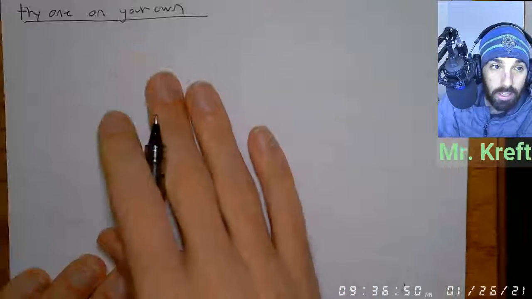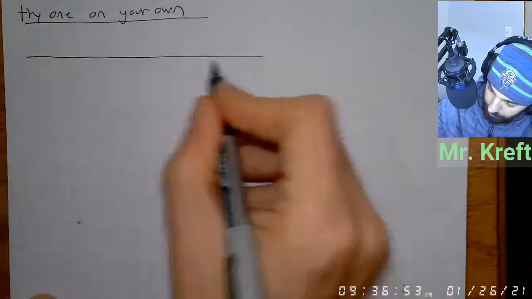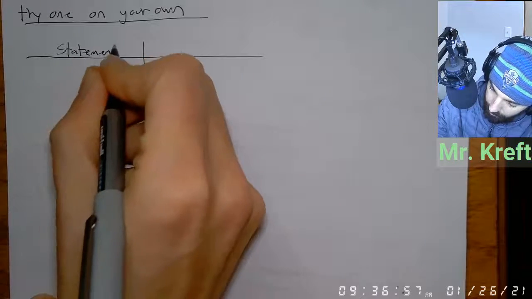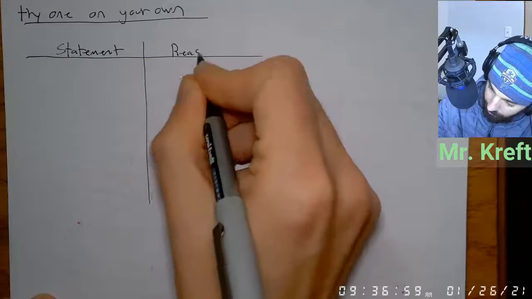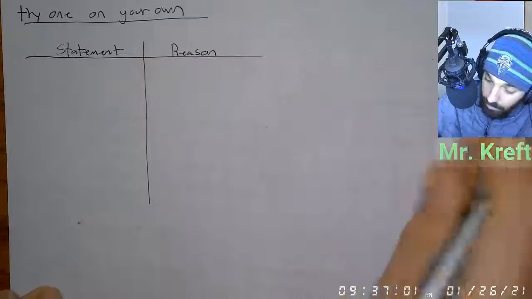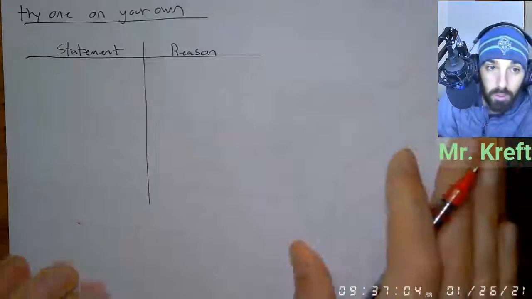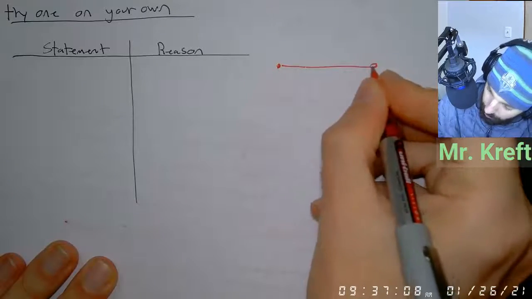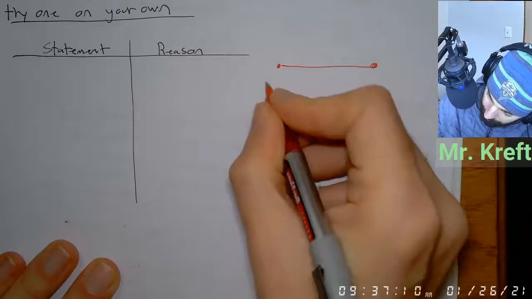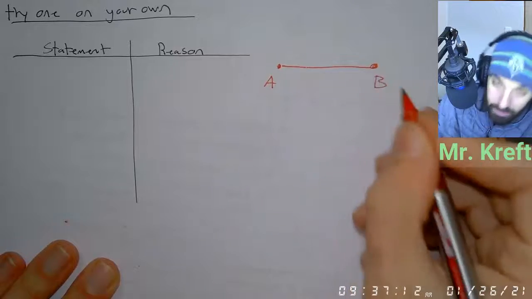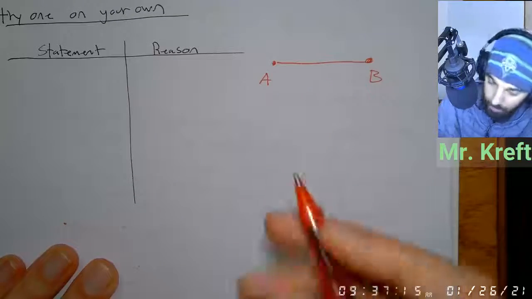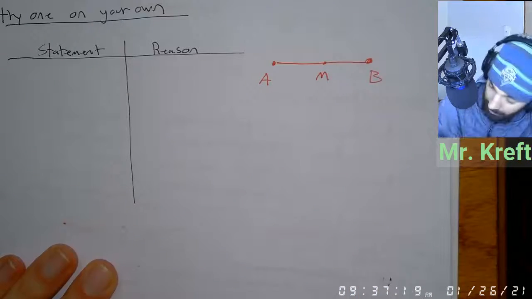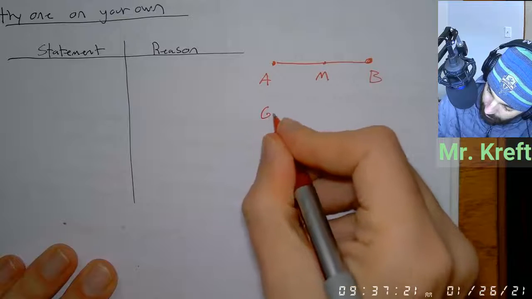Okay? So, we're going to have a 2-column proof. We've got to have a picture, don't we? So our picture, I'll do it in red so it stands out. This is going to be a segment proof. So we're going to have segment AB. And you can tell my segment isn't perfect, don't worry about it. We're going to have a point M. And we're going to have a given.